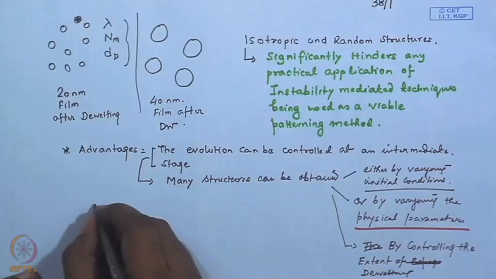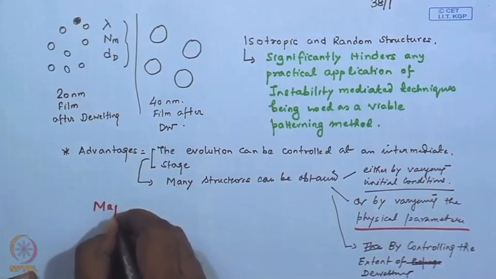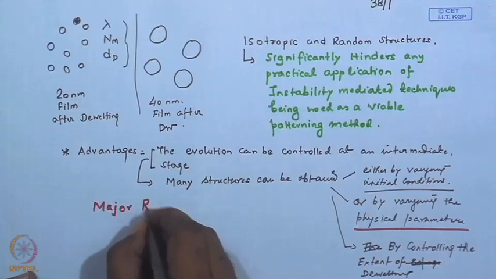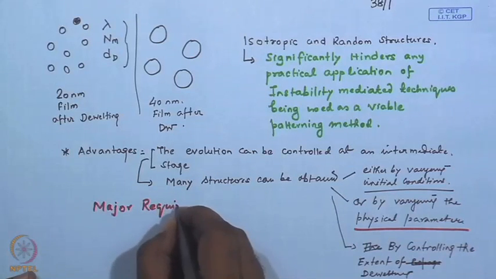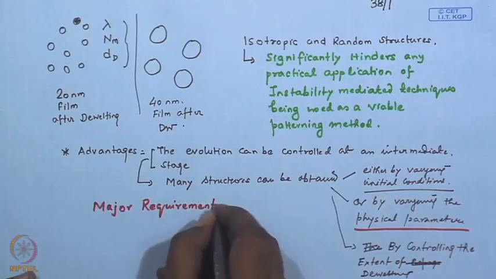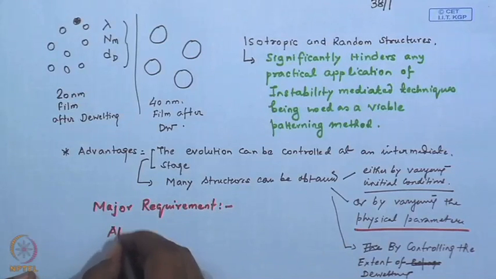However, still the major disadvantage that remains is that these structures are random. So, in order to use them in any viable application, the most important requirement would be to align these structures.